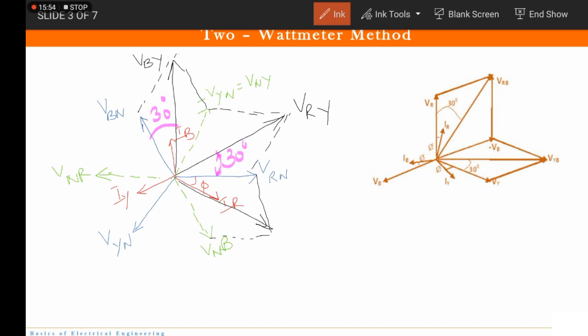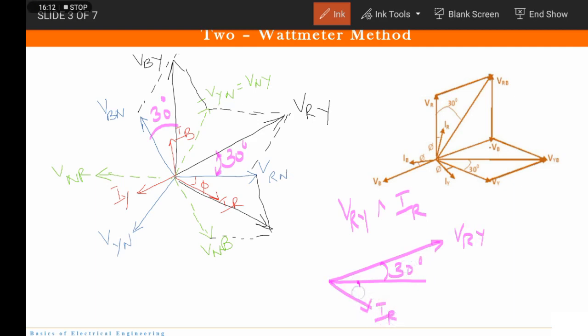Fine. Now what did we require? We required the phase angle between VRY and IR. Correct? So here is my VRY. Now this angle is 30 and this is IR. Correct? And this angle is phi. So what is the angle between VRY and IR? It is 30 plus phi. Please remember this.